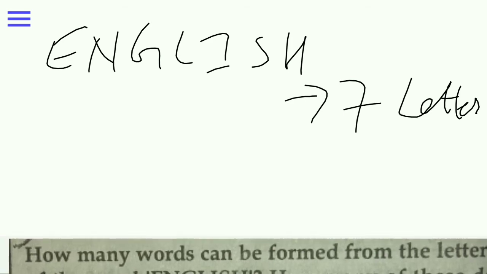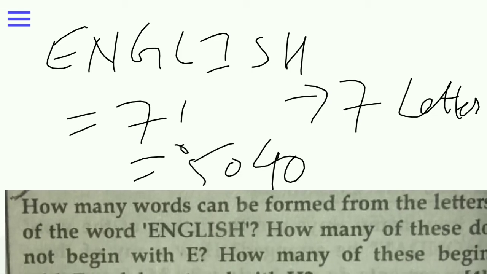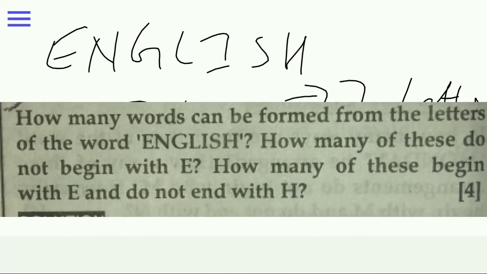So the letters can be arranged in 7 factorial ways, meaning we get 5040. So for the first part we get the answer 5040.